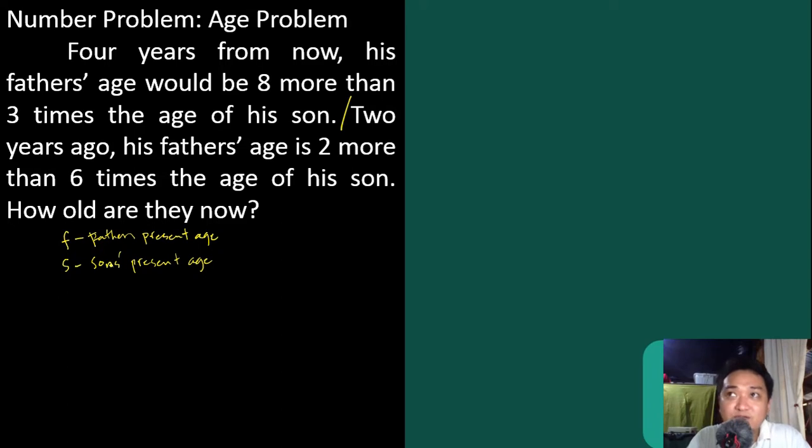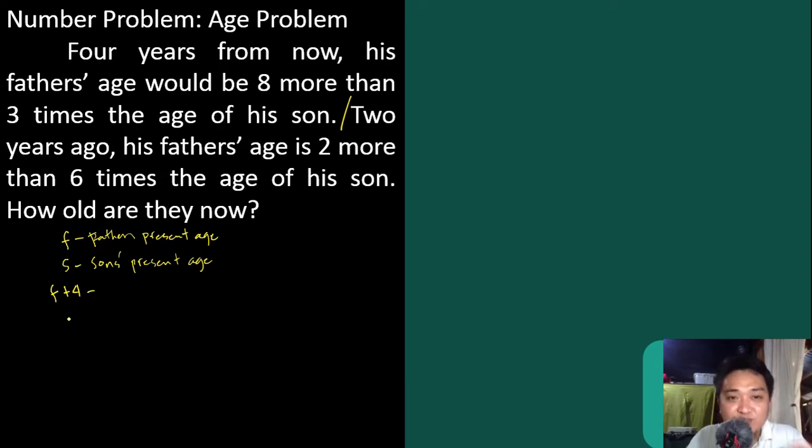Kung 12 ka ngayon, that is plus 4, so that would be 12 plus 4 is 16. So, ganun po. So, how are we going to express that into equation? So, that would be F plus 4.